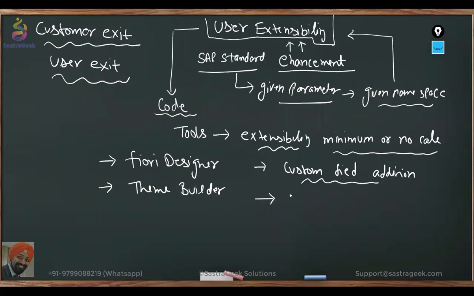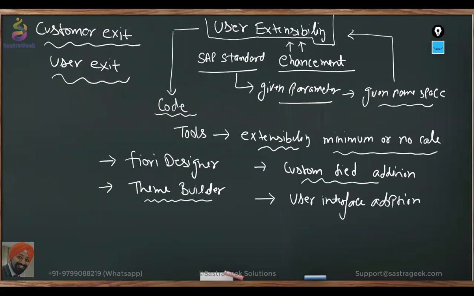Then your user interface adoption. The user interface, which we see through the Fiori application, has different fields in it. We have seen from the theme designer how we can change the theme, the colors, the tile color, and the fonts.